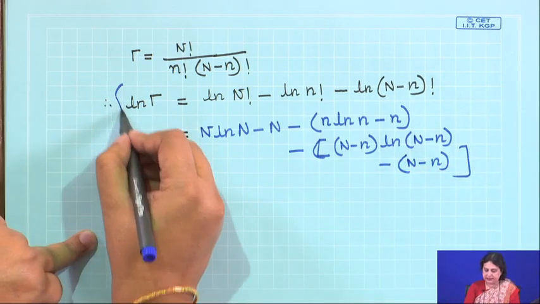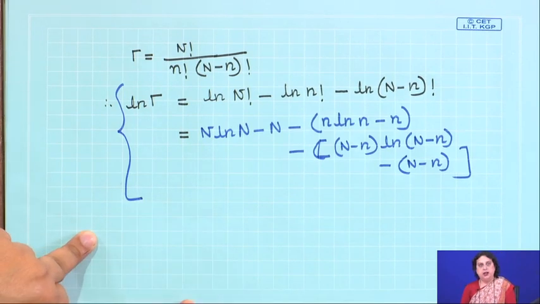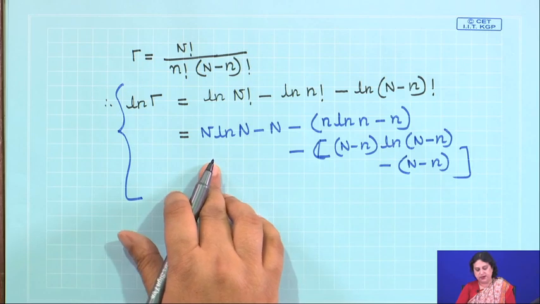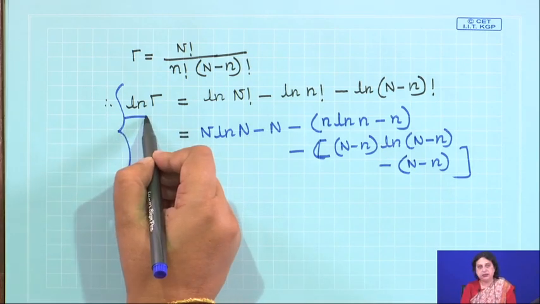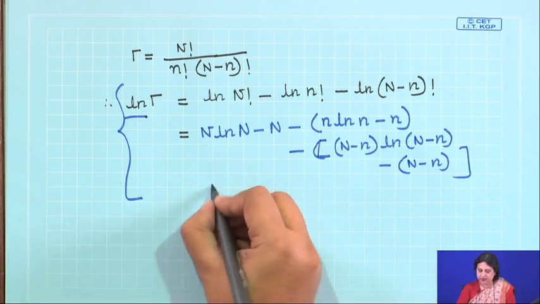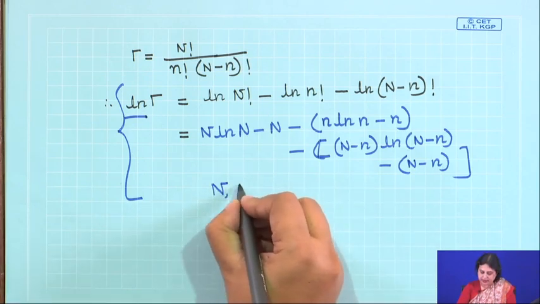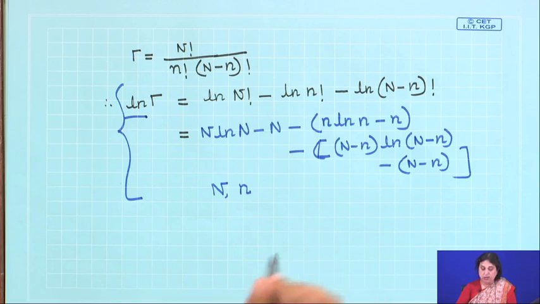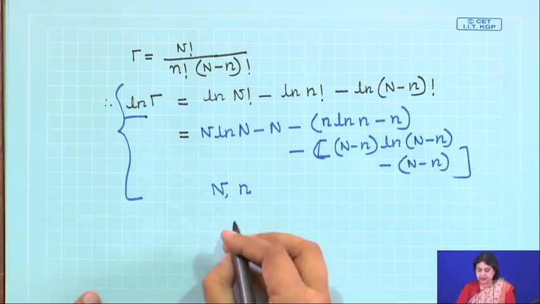Now, you can do the algebra here very easily and you will be able to see that you can write down ln gamma in terms of a very simple algebraic relationship involving capital N and small n. But you do know what small n is.